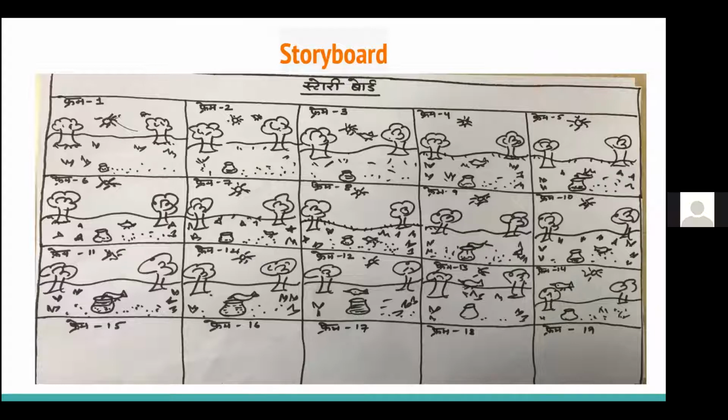We can graphically represent all the possible frames which we need to shoot, which we need to create in that particular animation. It gives a holistic idea of the story of the animation we are going to create. You can see here a famous story depicted in this storyboard, a thirsty crow.